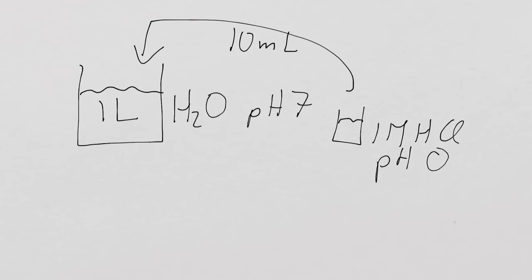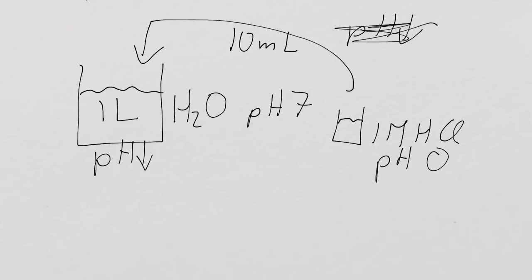Yeah, that's right. What happens to the pH? It changes. The pH goes down or up? Down. Okay, pH goes down. So if we do that, pH goes down. Yeah? pH goes down if we add the acid.